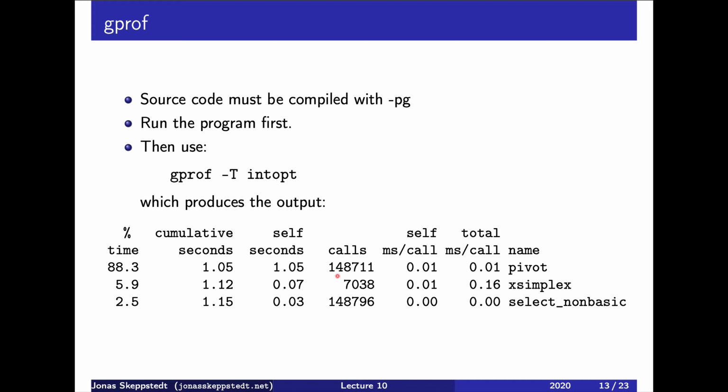So in the pivot it was this number of seconds, and then for x simplex it was this, and we can also show the sum of this. Okay, and the number of calls and the time in itself, and also including calls that this function made. So x simplex, it doesn't take very much time in each call, but if we include the functions that it calls, it will be this instead.